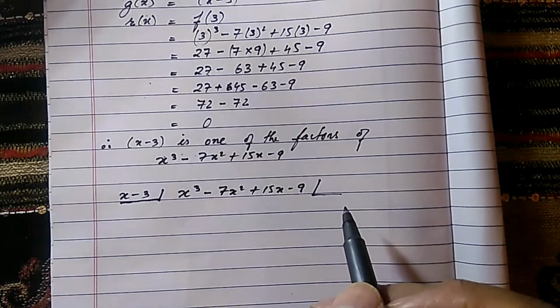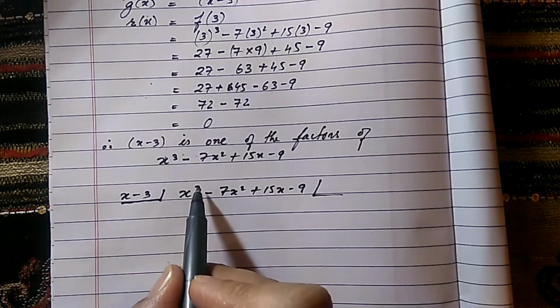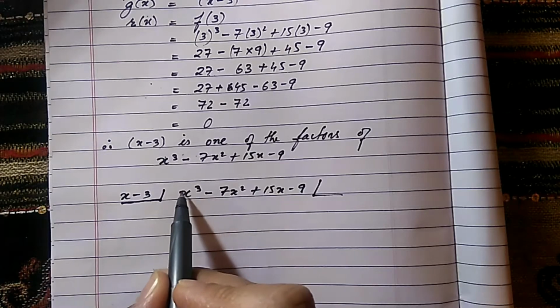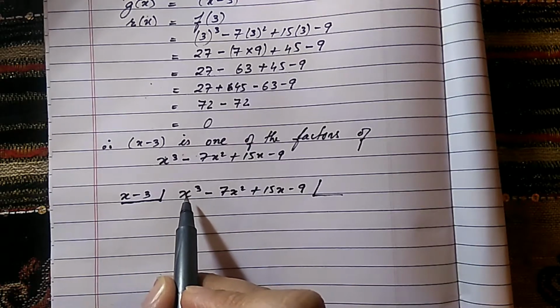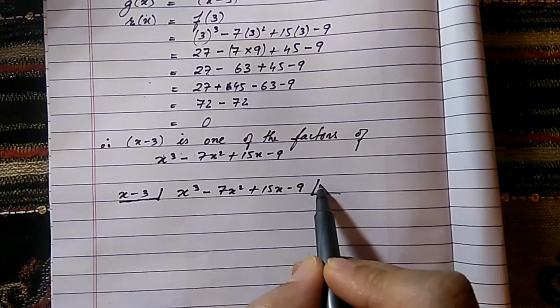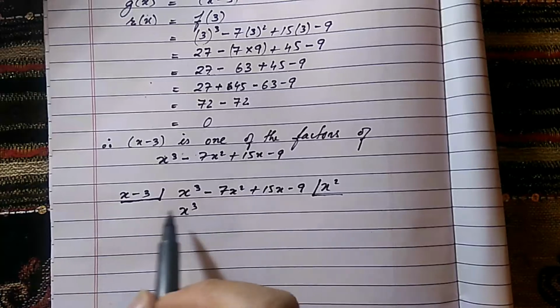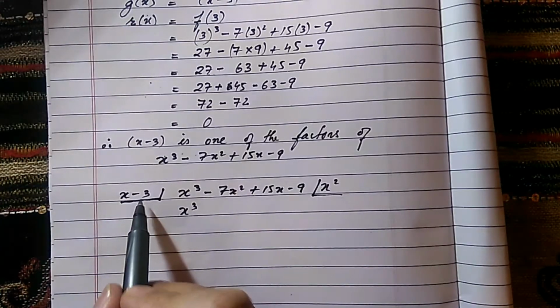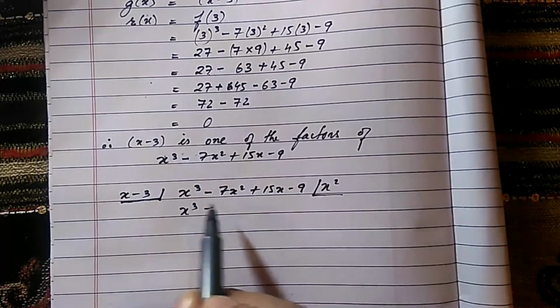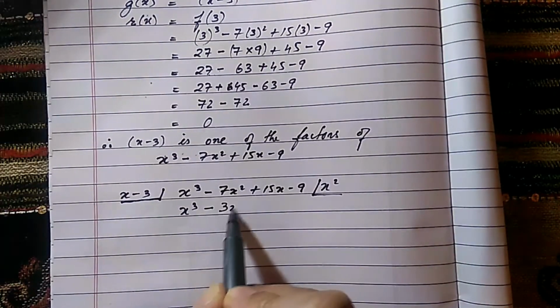Now, when we do this division, we must look at the first term and our target is to get x cubed here. So, how do I get x cubed here? I already have x. If x is multiplied to x square, then I will get x cubed. But I also have minus 3 here. So, minus 3 also needs to get multiplied to x square. So we get minus 3x square.